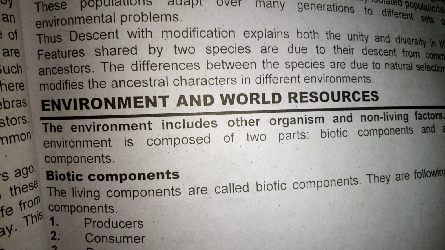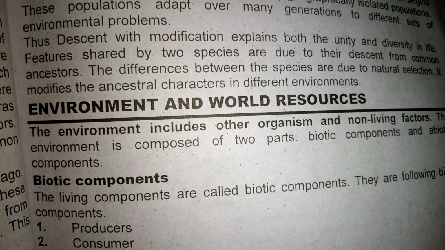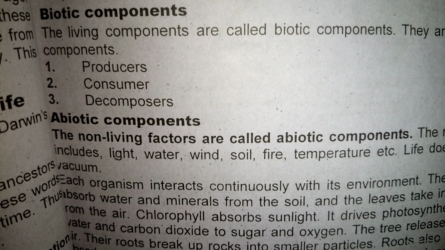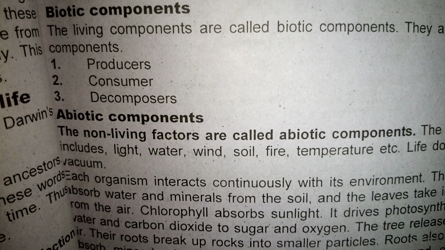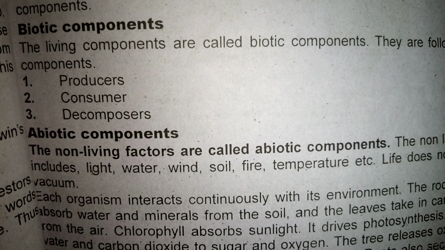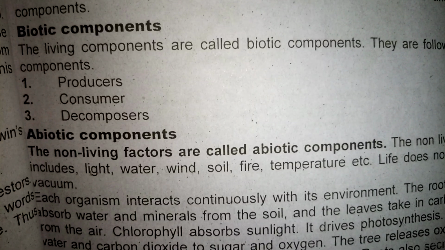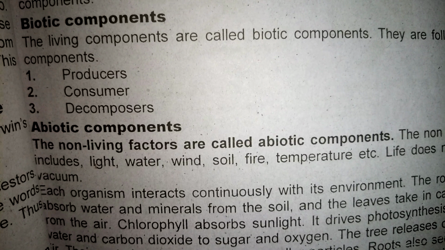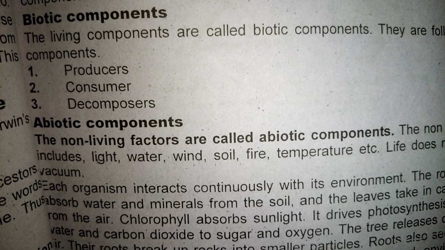The environment is composed of two parts, biotic components and abiotic components. First, we discuss the topic biotic components. The living components are called biotic components. There are the following components: producers, consumers, and decomposers.